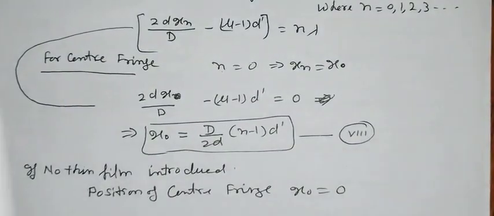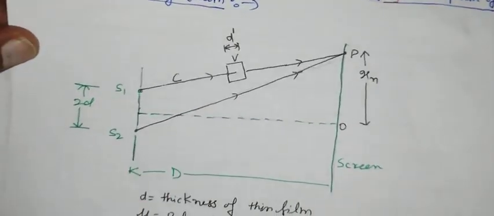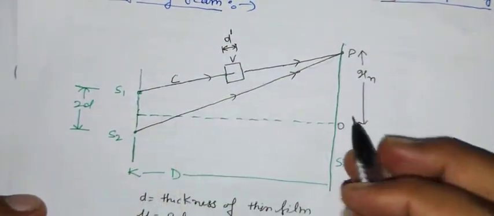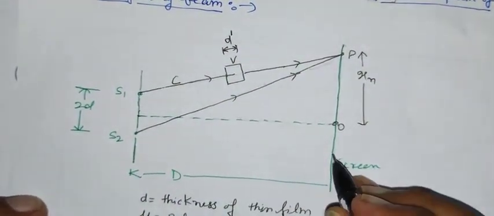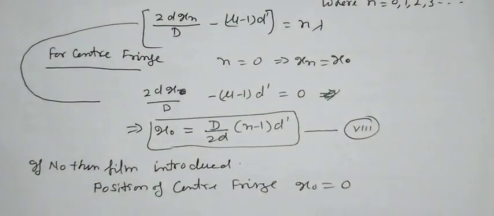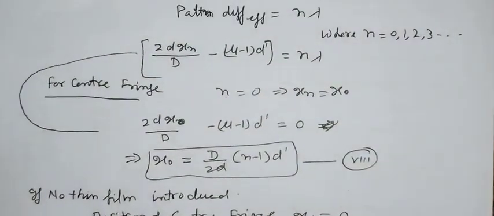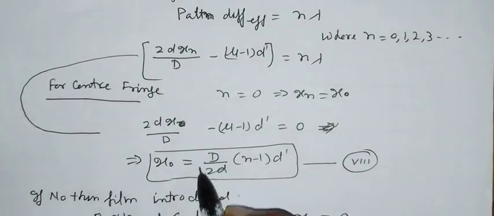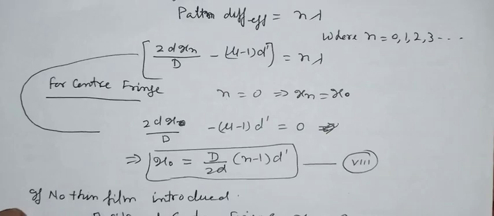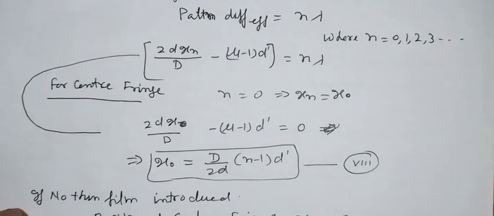It means that in the absence of the thin film, the bright fringe is formed at the center. But on introducing this, the center fringe is at this distance from the point. So one may write the fringe shift.